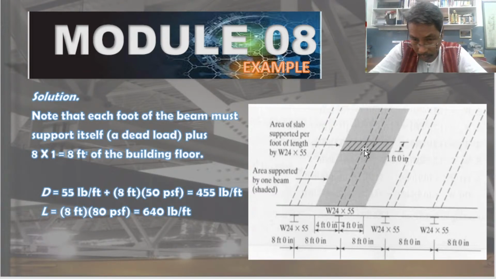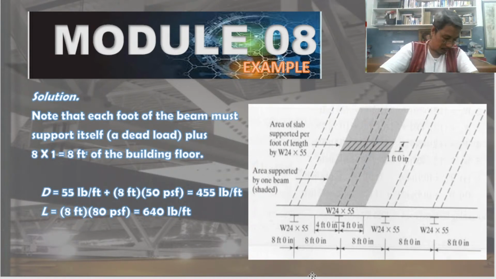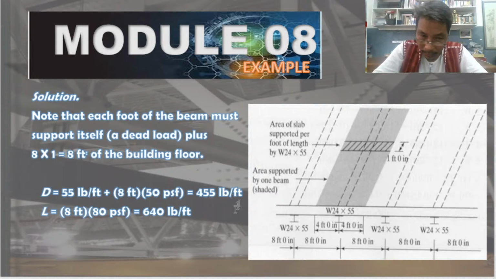And what about the 1 foot self-weight of the beam? That is 55 pounds, because the beam is 55 pounds per foot according to the name of the section, 24 by 55. That is the given. Take note, so meaning 455 again.